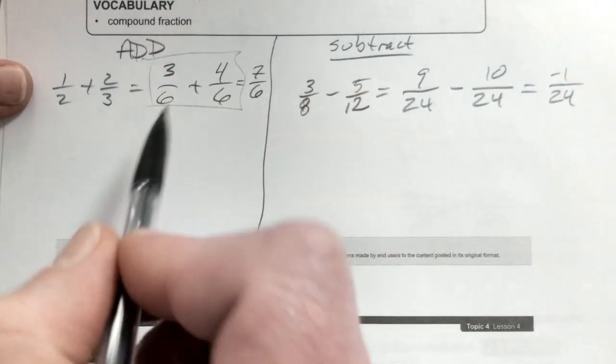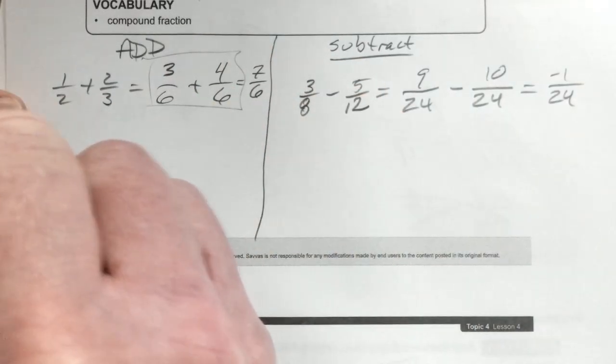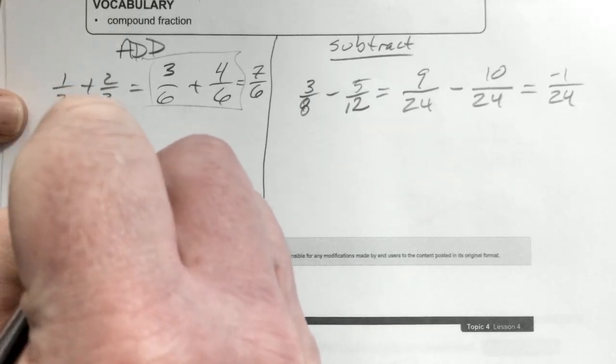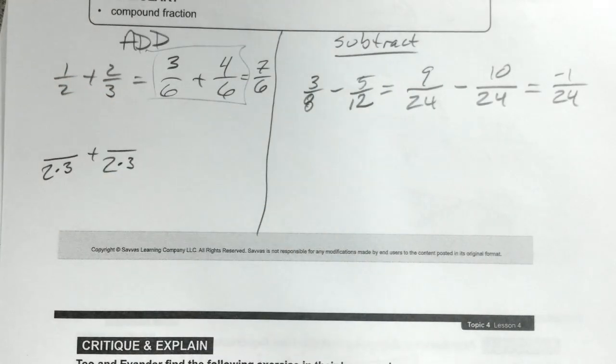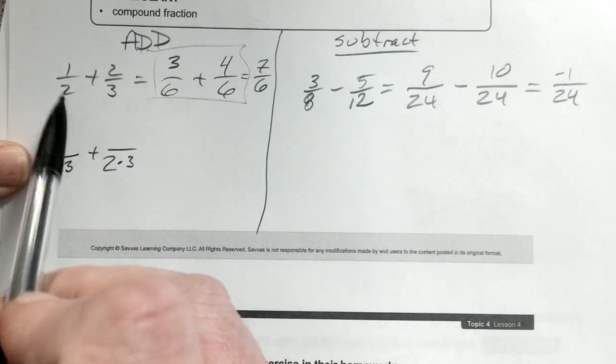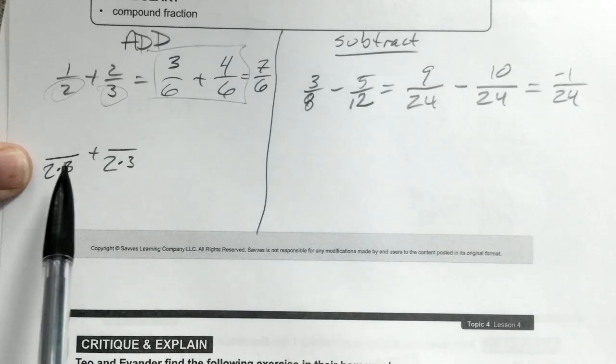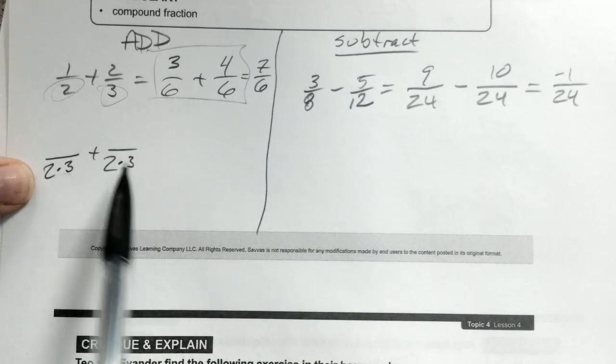Instead of putting it over 6, what if I had said this is over 2 times 3? Leave it in factored form. Now, listen to the wording of what I'm about to say. This is the most important part to this. I've just taken whatever denominators I was given and I put them together to make my common denominator.